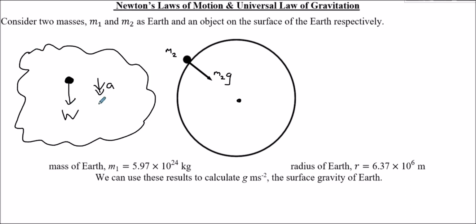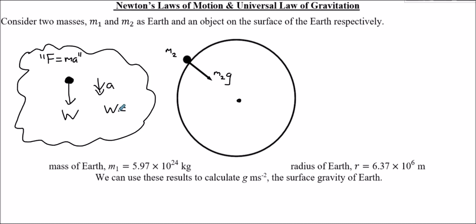So, from Newton's second law, we know that F equals ma. So resultant force is ma. If we neglect air resistance for a moment, we can assume this is like a vacuum or on a planet perhaps, and the only force acting will be the weight.